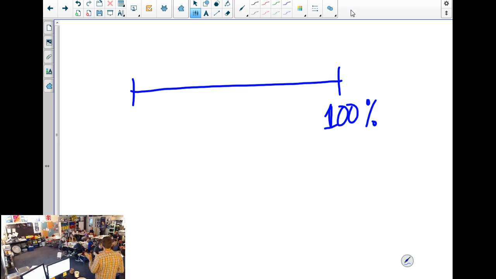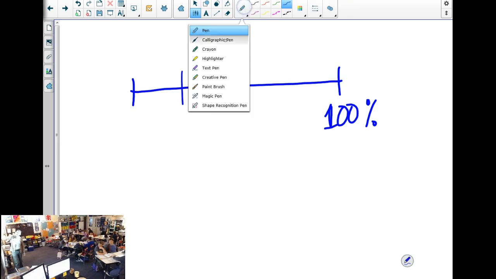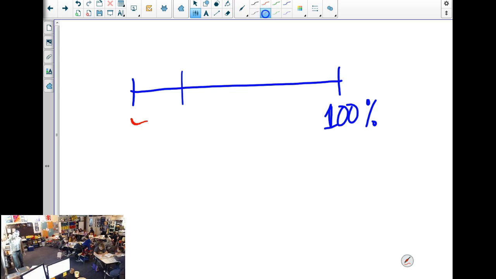So if we wanted to partition this 100% line and try to approximate where 15% would be, would this make sense? No, way too far out, right? So on your paper, try to partition where you think 15% would be, and then we're going to notate that as being 15%.